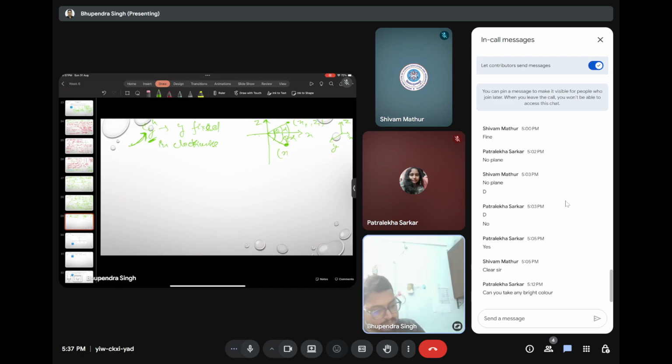The new coordinate will be x2 and minus z2. This is minus z2.